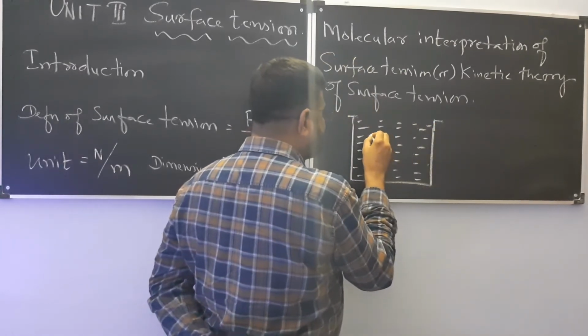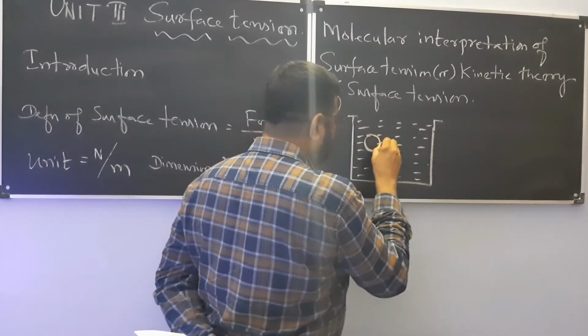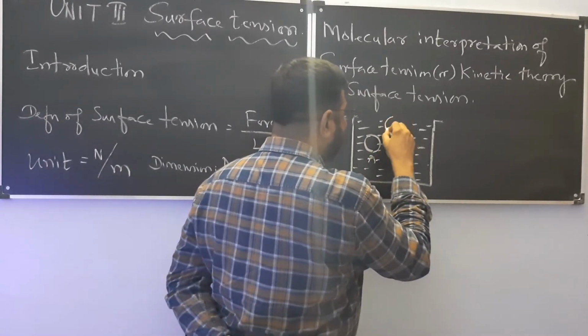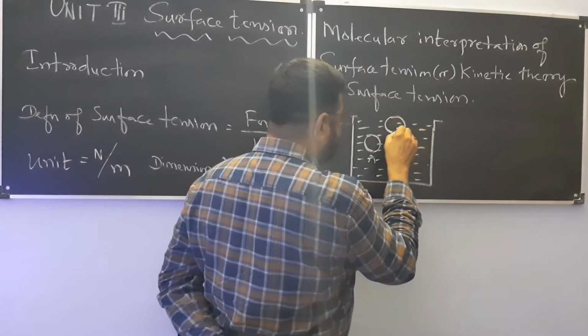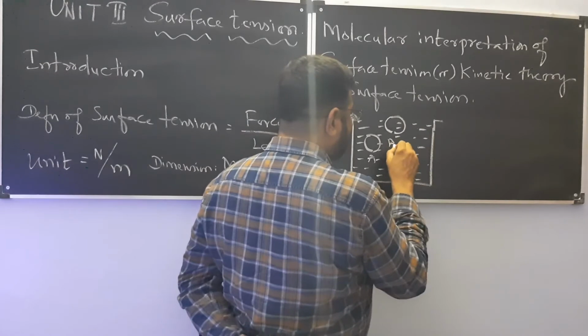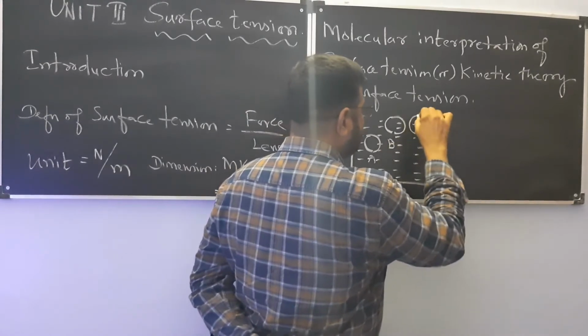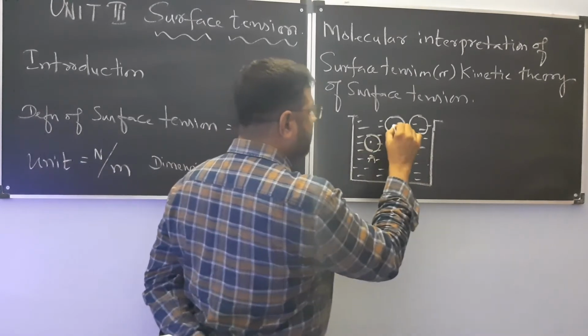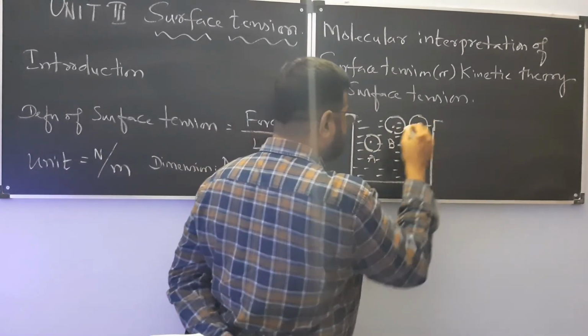Now I am going to consider 3 molecules. One molecule is A. Another molecule is B, partly on the surface of the liquid. Another molecule is C. This is the center of the molecule.